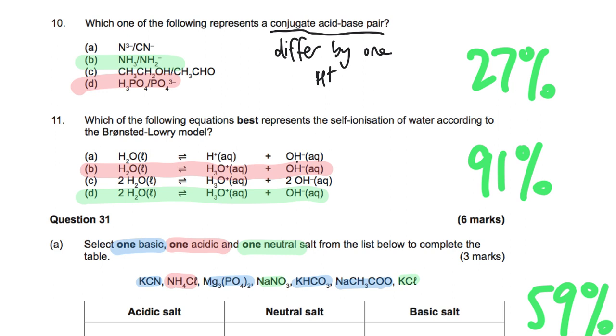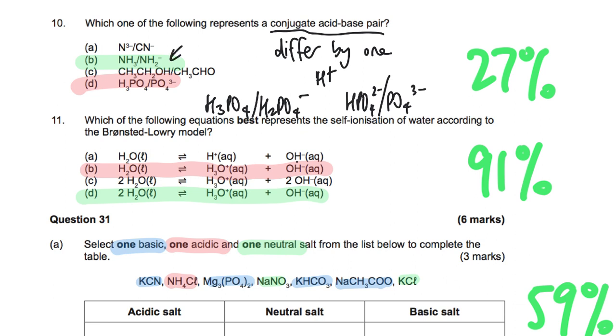That technically isn't a conjugate acid-base pair, even though they're on the same series. The conjugate of H3PO4 is H2PO4 minus, or the conjugate of PO4 3 minus is HPO4 2 minus. They only differ by 1 hydrogen.